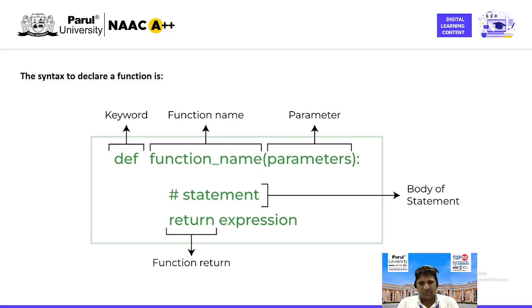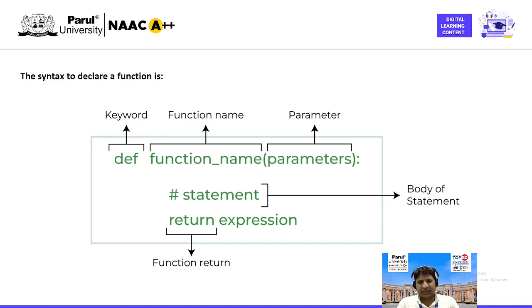The name of the function is the identification of the function. Next are the parameters, if you want to pass parameters to the function. Parameters means any value that we pass from outside of the function body. The statements are also known as the body of the function.